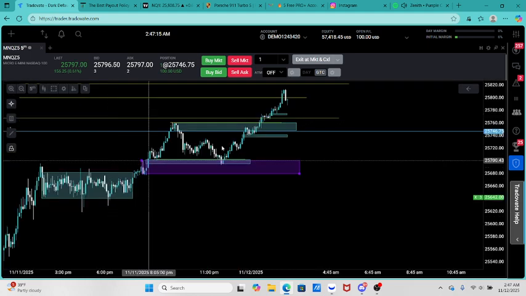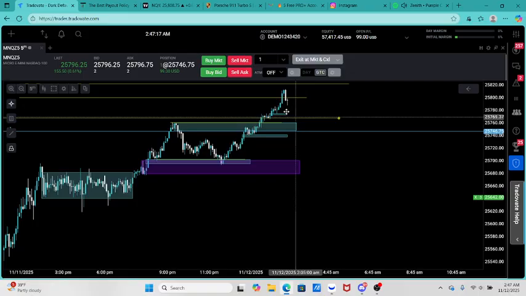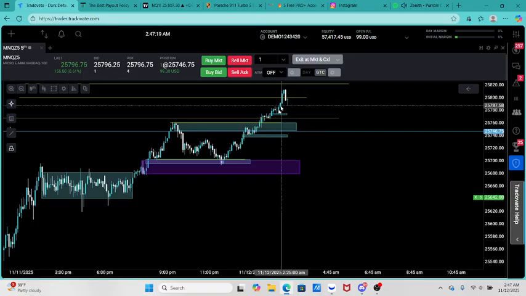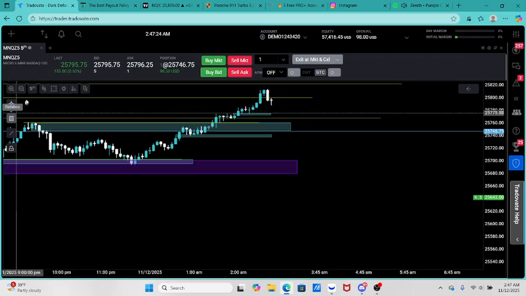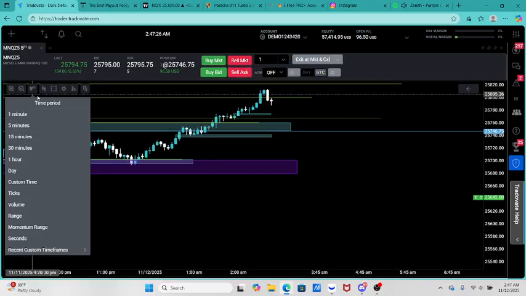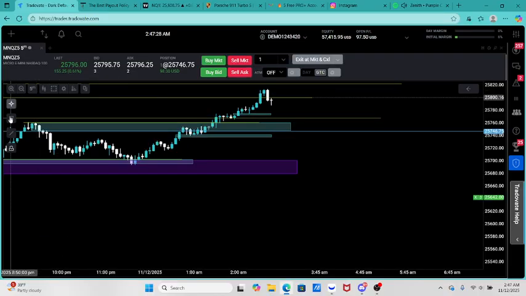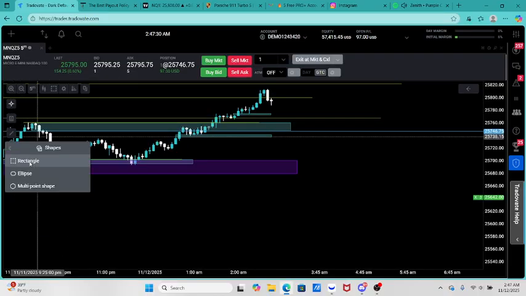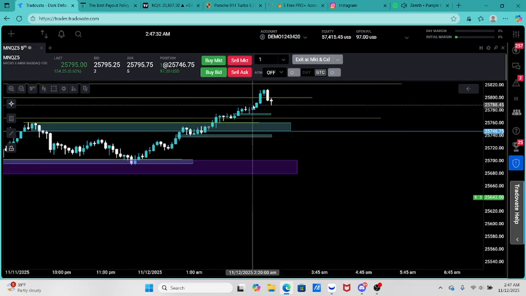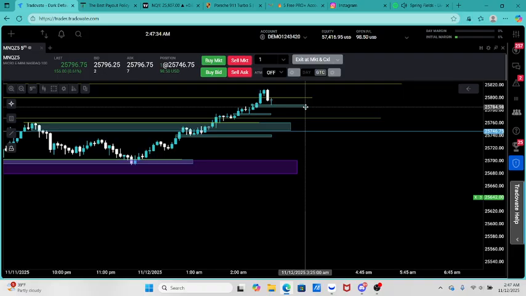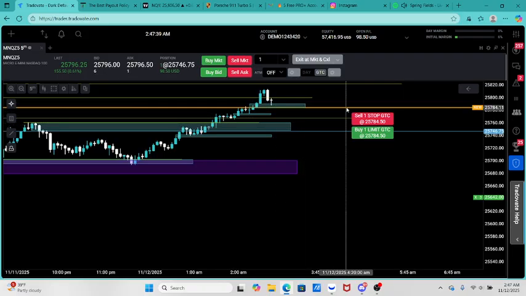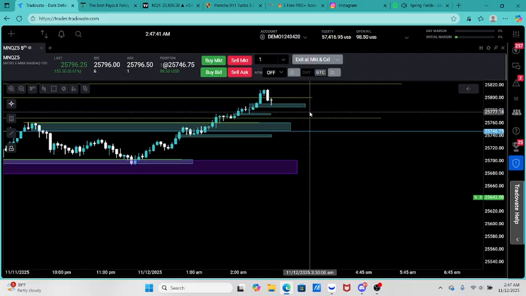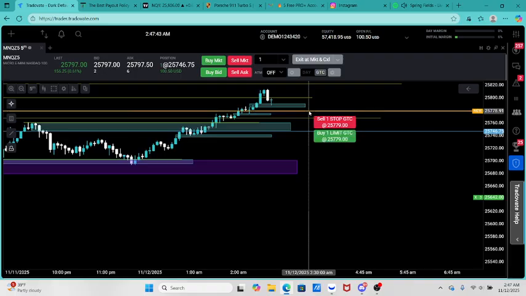Let's see what that move looks like on the 5 minute. It's not bad because we actually came right into this gap. So I'll set mine right below this order block.